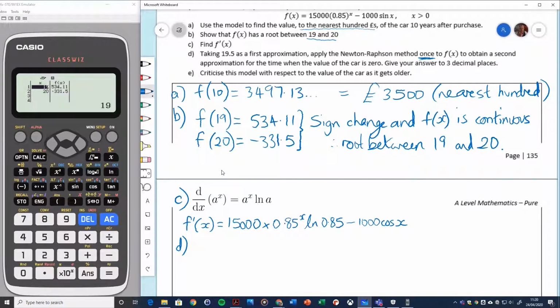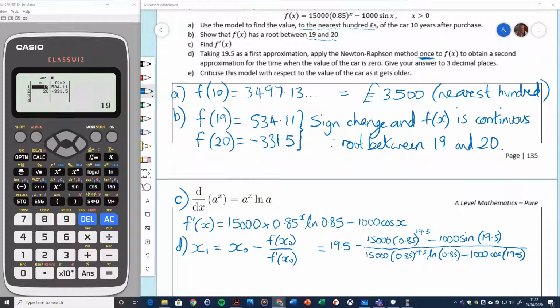So here we go, part D, applying the Newton-Raphson formula. If we call x0 our first approximation, then x1 will be our second approximation. And using Newton-Raphson, that'll be x0 take away f at x0 divided by f dash at x0. So there we go.